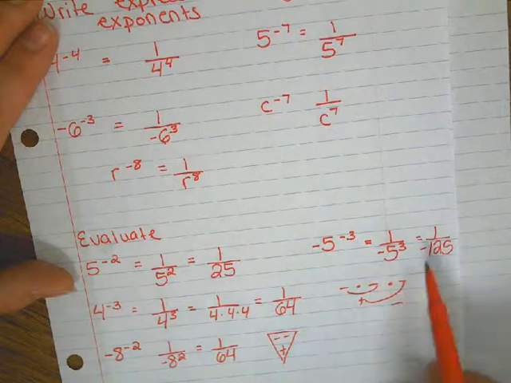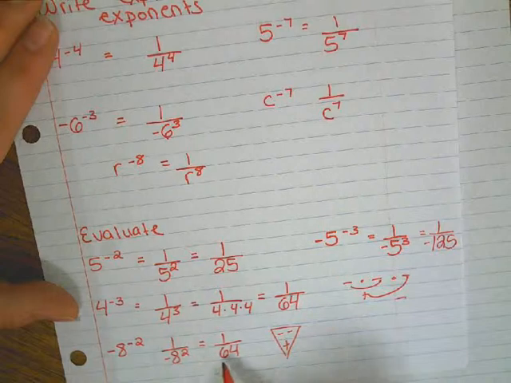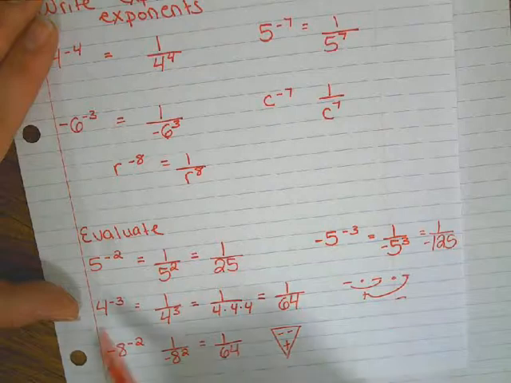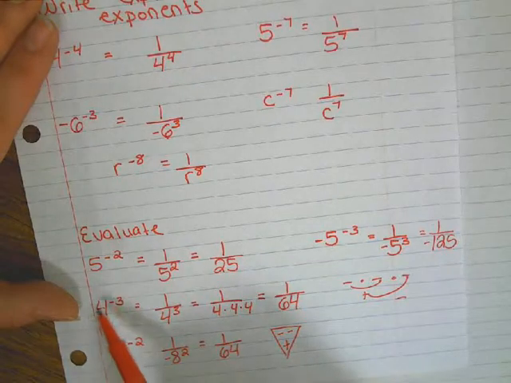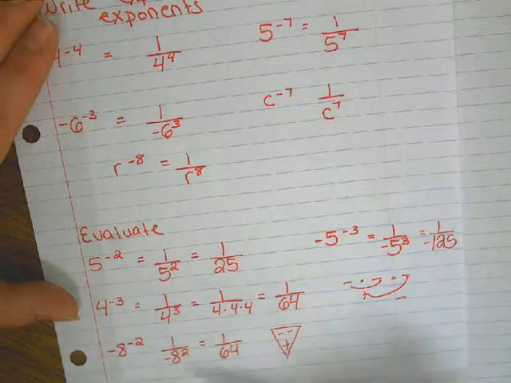If it's an even exponent, your answer is positive. Because we didn't start out with a negative. Yeah, the number would have to be negative for that to work. Yeah, good question though.